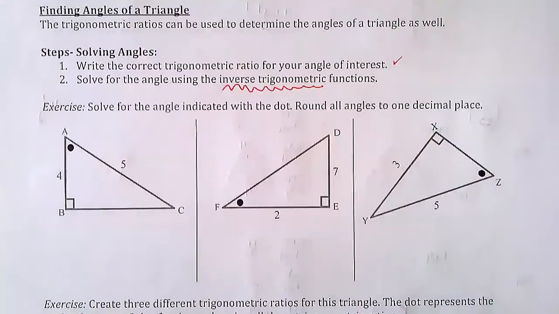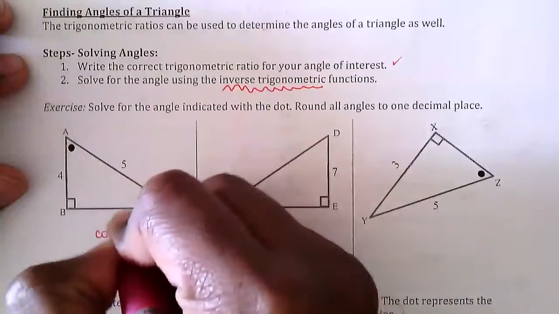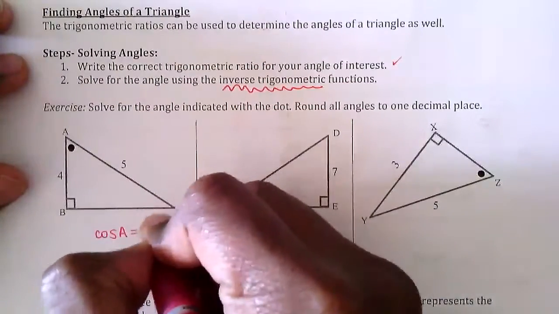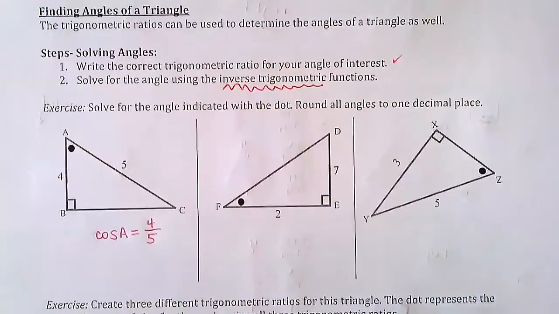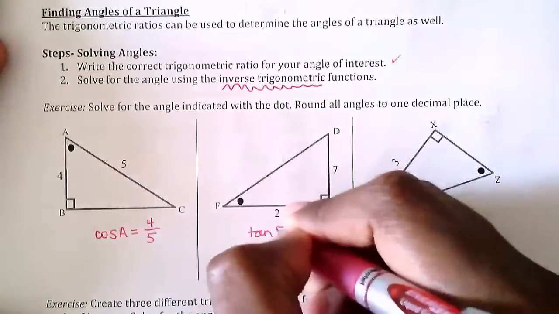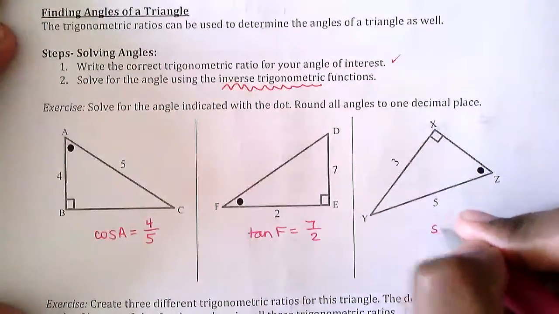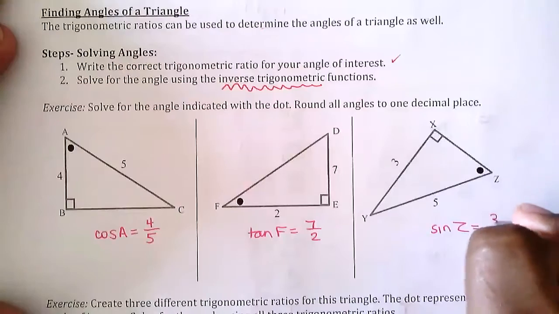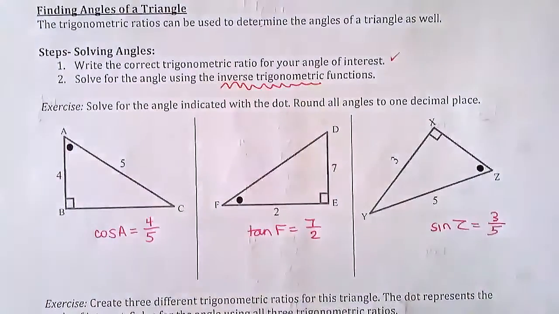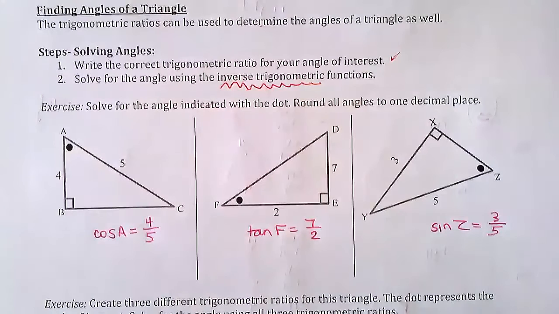So the first one was cosine A is 4/5. The second one was tan F is 7/2. And the third one was sine Z is 3/5. Okay, so those were the ratios. Again, we've already found these ratios on the previous page, which is why I'm just copying them down. From these ratios, we need to be able to solve for the specific angles.